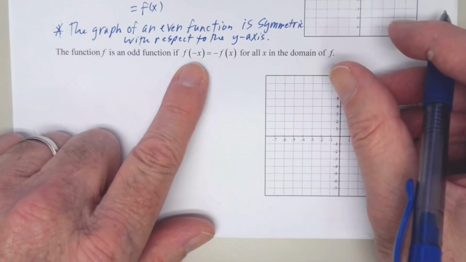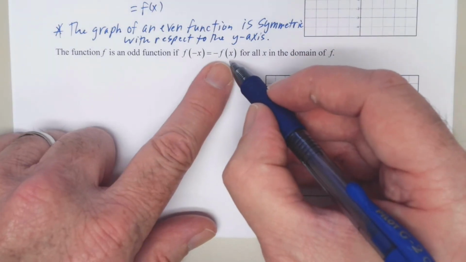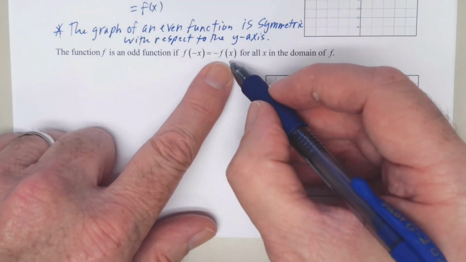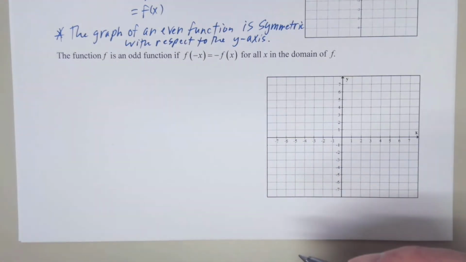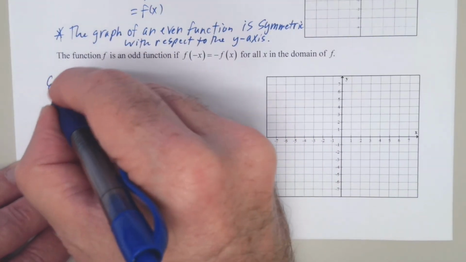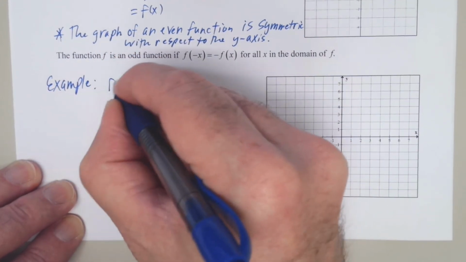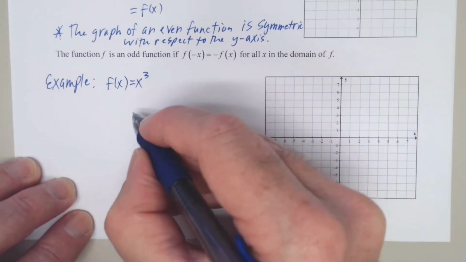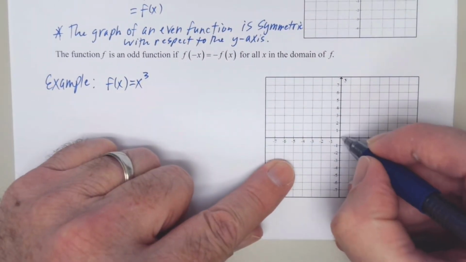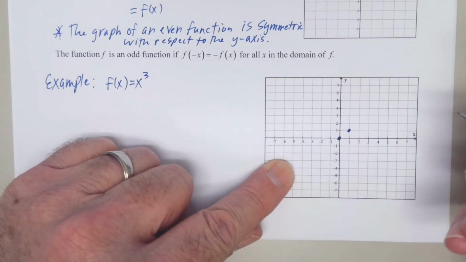So notice we end up doing the same thing. We plug in minus x, but this time we want to see if our output is minus f of x. And so in this case, I'm going to look at the example that we looked at earlier. f of x is equal to x cubed. And remember that graph, it's got a point at 0, 0, 1, 1.